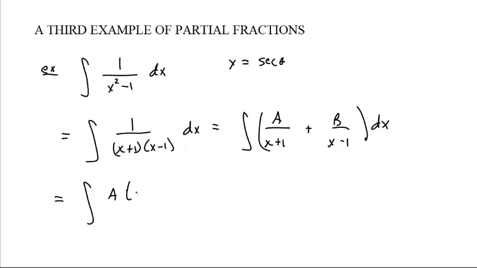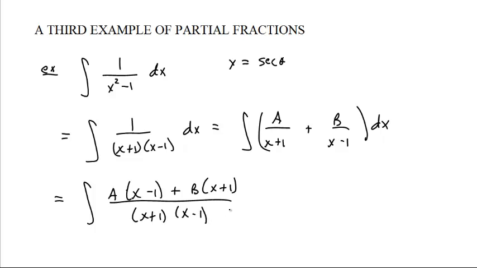A times x minus 1 plus b times x plus 1 all over x plus 1 x minus 1 dx, and all we have to ensure is that these numerators are the same.